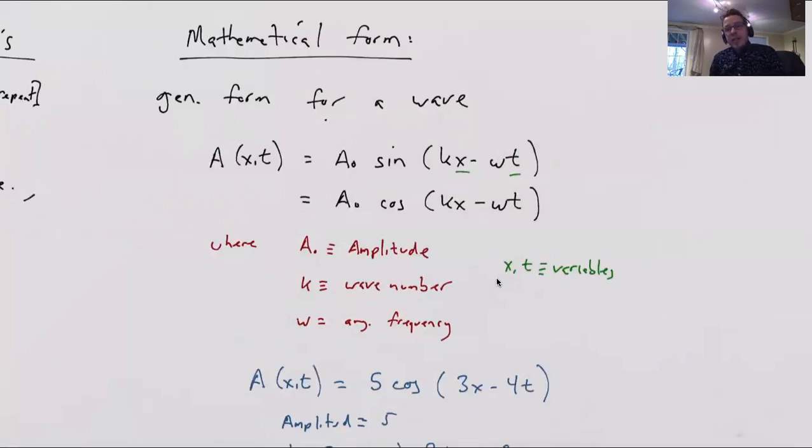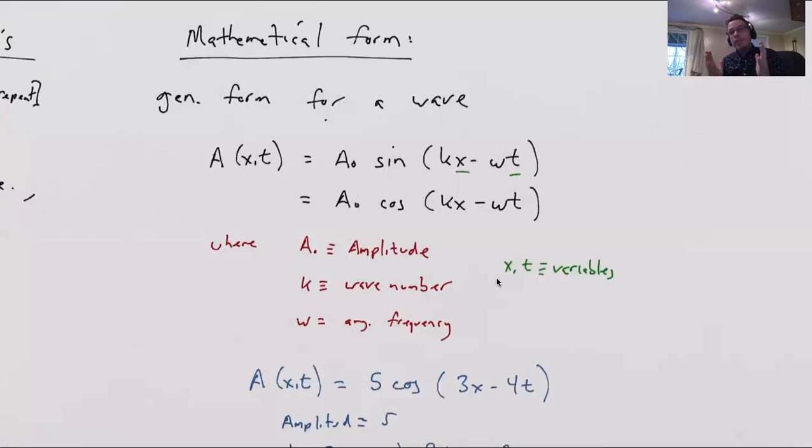And I think you might have seen this in lab already, but let's talk about it some more. A wave has 2 variables, space and time, position and time. So we say that the equation A, of those 2 variables, x and t, is a wave if it has the following form.